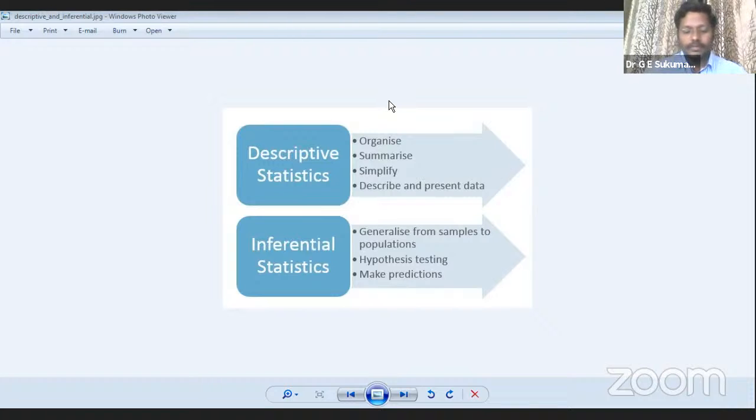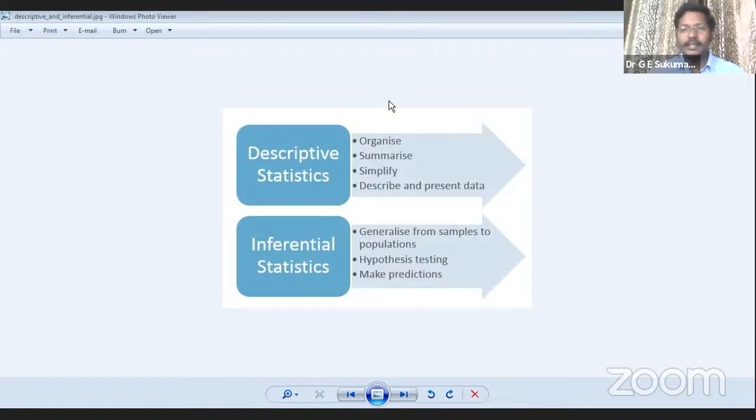When we're talking about inferential statistics, it attempts to generalize from sample to the population. As we know, we have a selected representative sample of subjects, which we have selected through sampling techniques. There are different sampling techniques through which we select the most representative, limited number of subjects from the entire population.